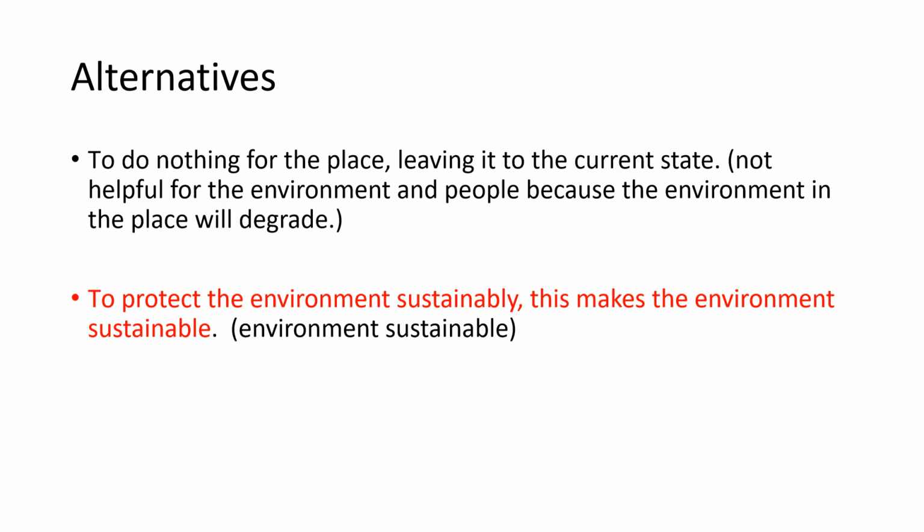The second alternative is to protect the environment's sustainability. This makes the environment sustainable. I think decision makers should comply with sustainable development goals. It should be constrained, meanwhile considering the interests of all stakeholders, meaning that they are considered all the time.